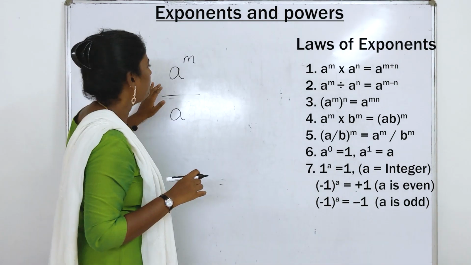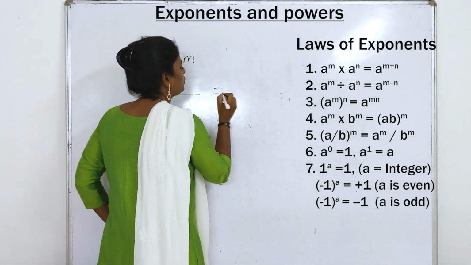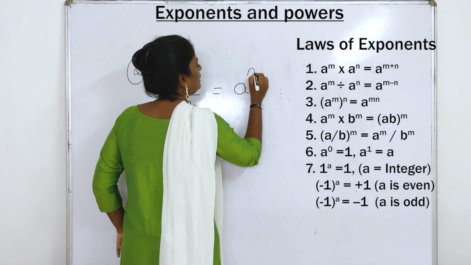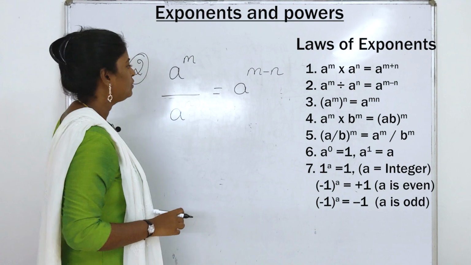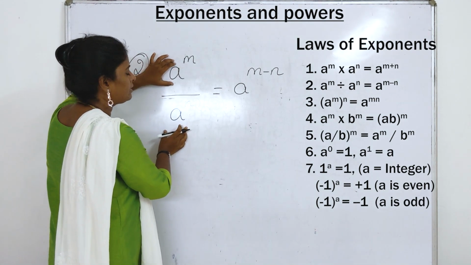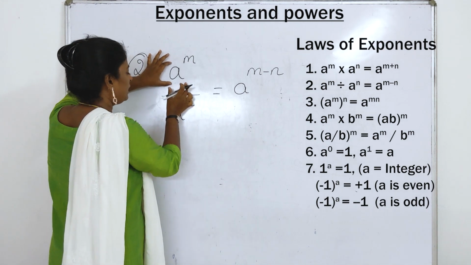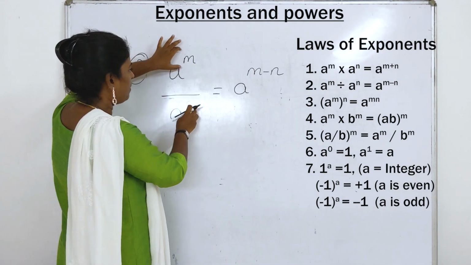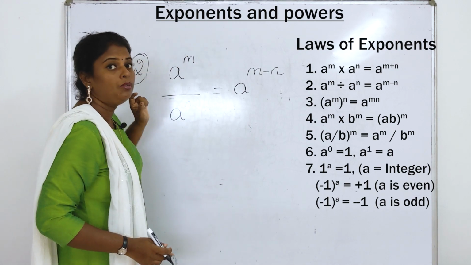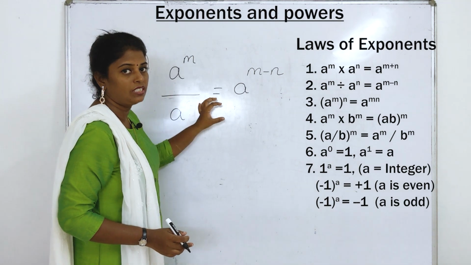Next law: a power m divided by a power n is equal to a power m minus n. As I said before, in the numerator and denominator we have the same base and the power is different. And the important thing is, here we have division.